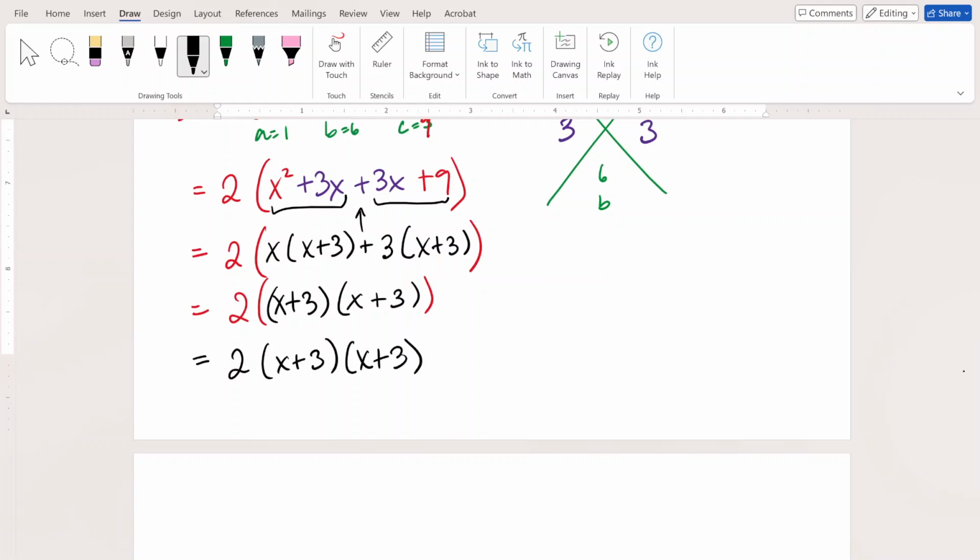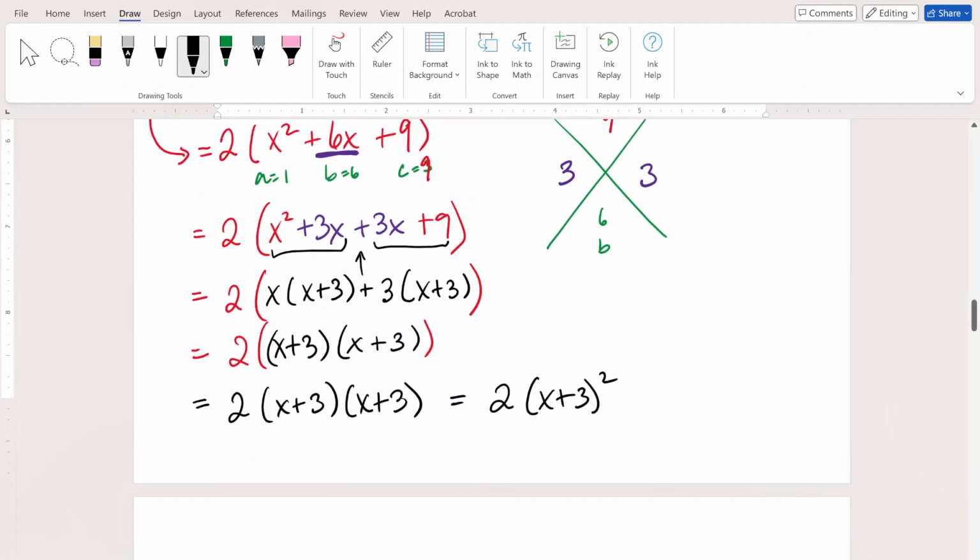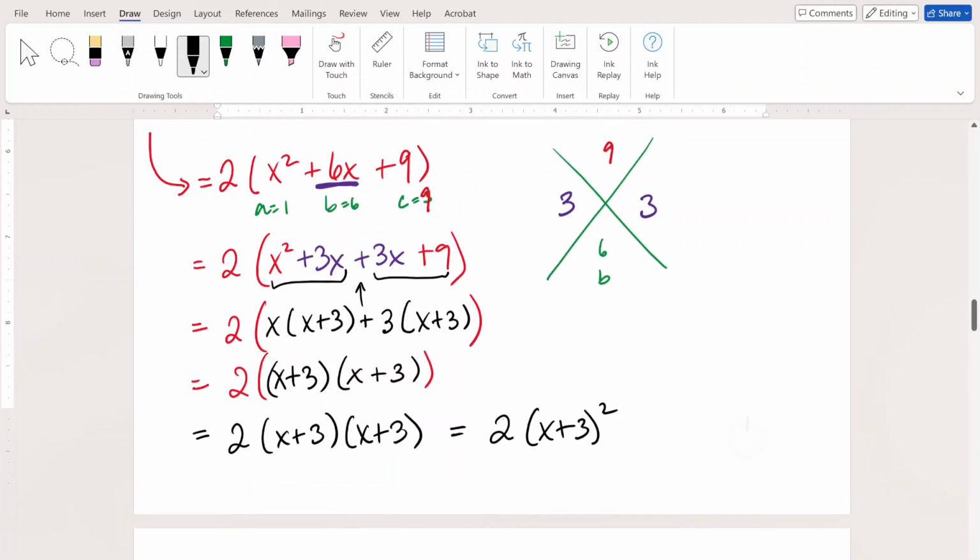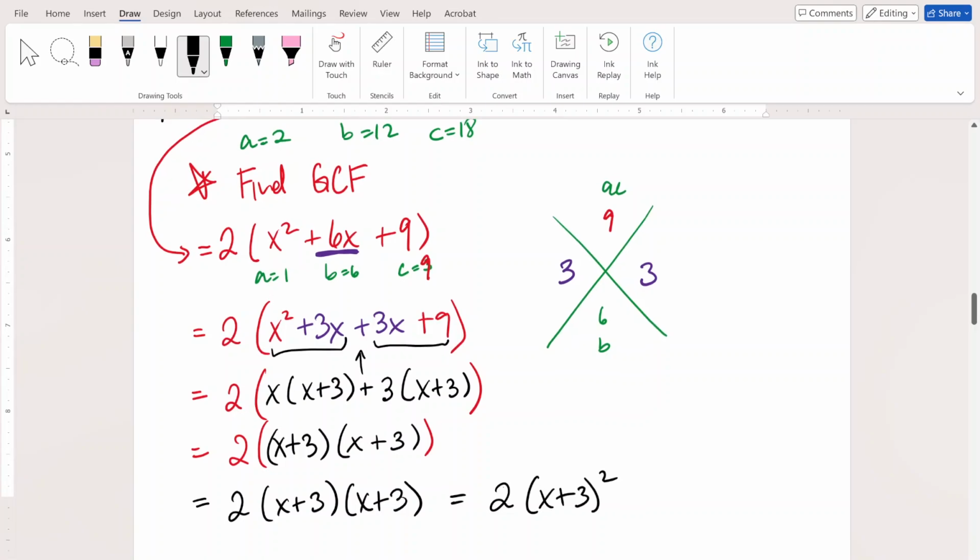But if you know that x plus 3 times x plus 3, wouldn't you agree that we can write it using exponents as x plus 3 squared instead? So there's your factored forms. Okay? And the reason why I chose this method to show you is that even if your leading coefficient is not 1, you can use this technique of factor by grouping style for all your expressions essentially.